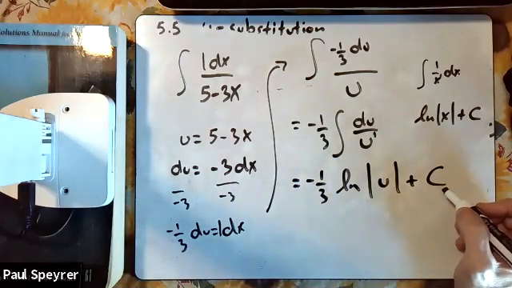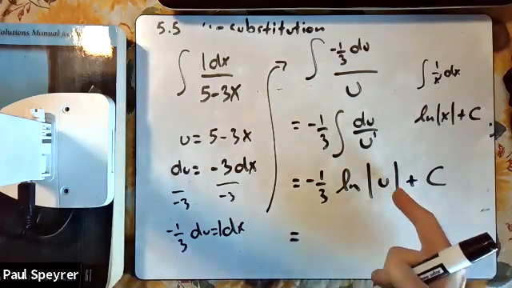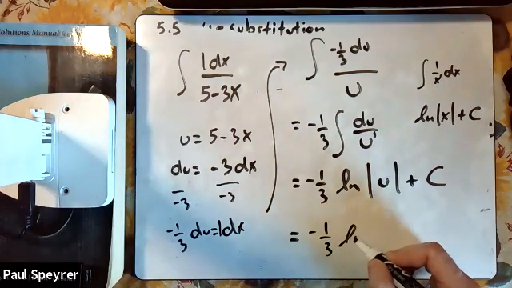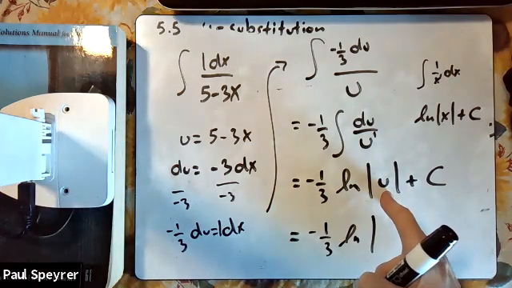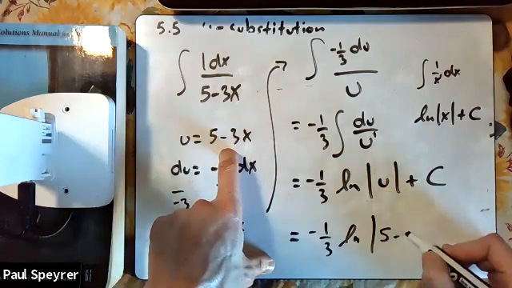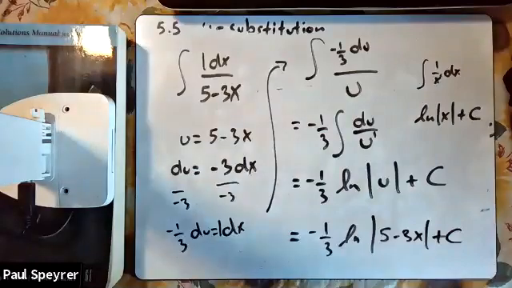Don't forget on WebAssign, put uppercase C's. And then we're still not finished, because what do we need to do? Go back to x. This is negative 1/3 ln of the absolute value of, well, what's u in terms of x in this case? 5 minus 3x, and then plus c.